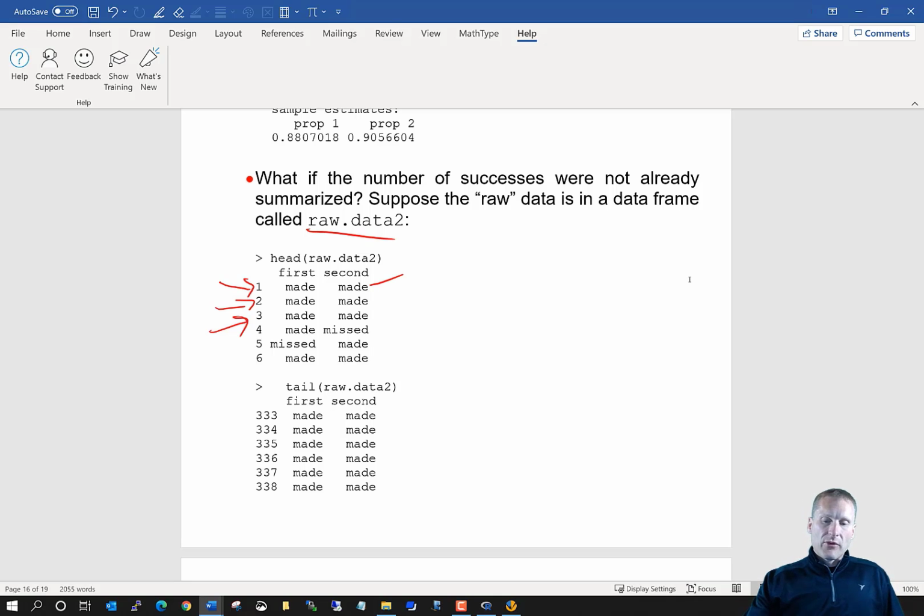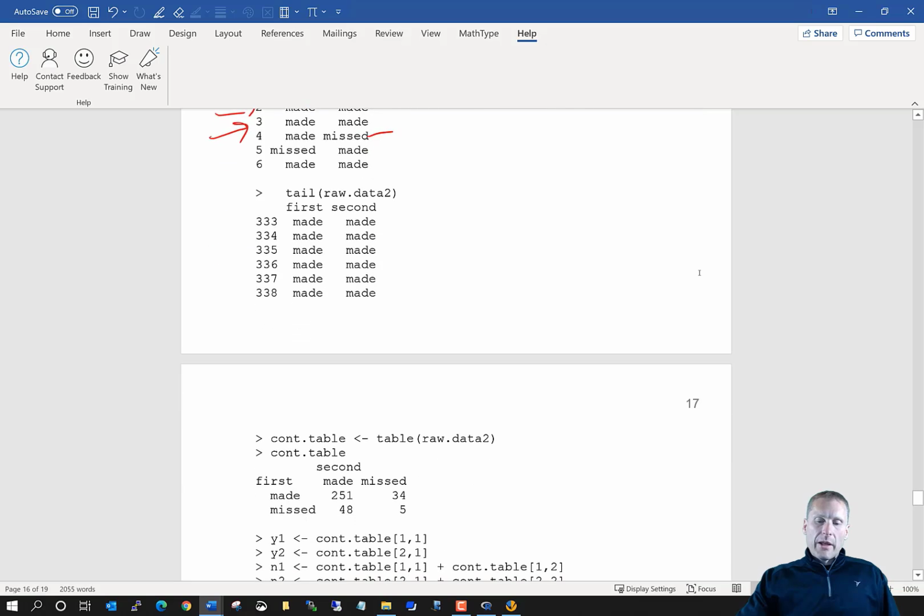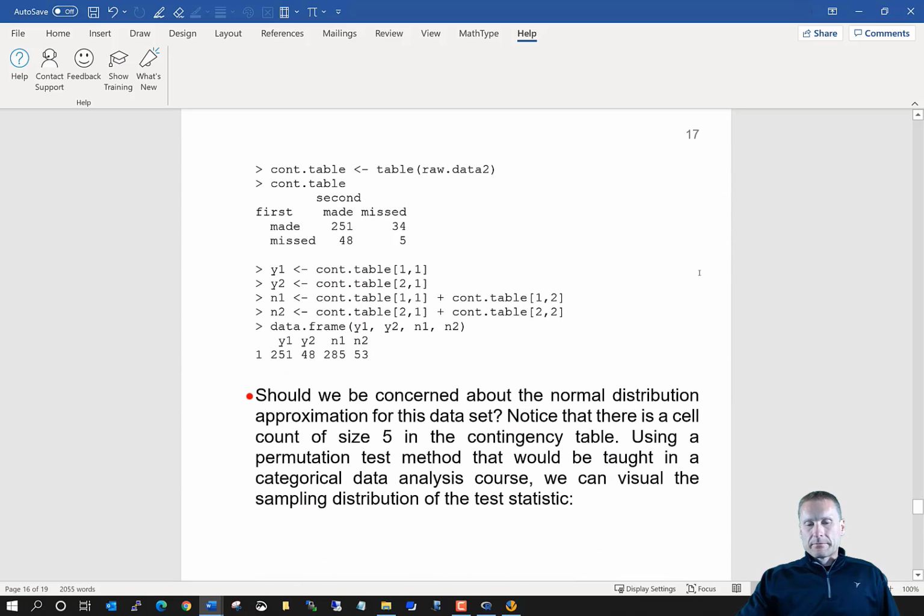So the first set of observations, he made the first, made the second. Same thing for observation 2, observation 3. Now observation 4 made the first, missed the second, and so on. And so maybe our data is constructed that way.